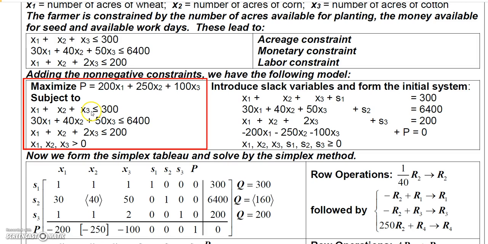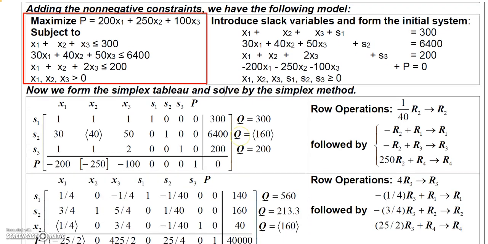But then add your slack variables to each one of these, and you'll get x1 plus x2 plus x3 plus s1 equals 300, 30x1 plus 40x2 plus 50x3 plus s2 equals 6,400, x1 plus x2 plus 2x3 plus s3 equals 200, and then move these numbers across the equal sign, and you'll get minus 200, minus 250, minus 100 for the coefficients, and then plus p equals 0. And you know that none of these variables can be negative, so they all have to be greater than or equal to 0.